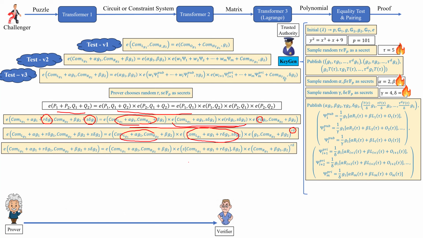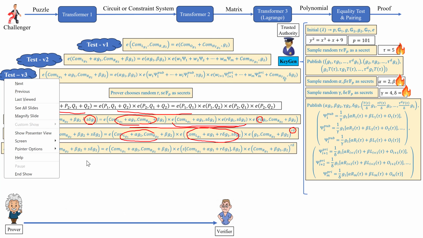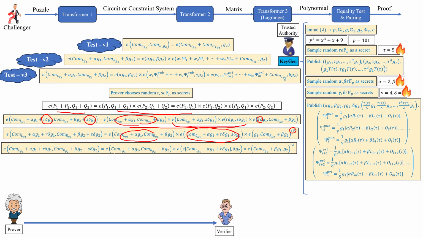Okay, now we have the left side and the right side. This part is not changed. On the right side, we remove S from here and we bring S into here. This is a property that we can do in pairing, right? For the third one, we don't have any change.